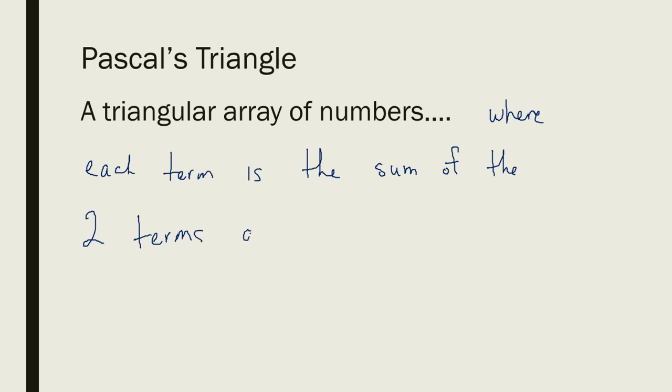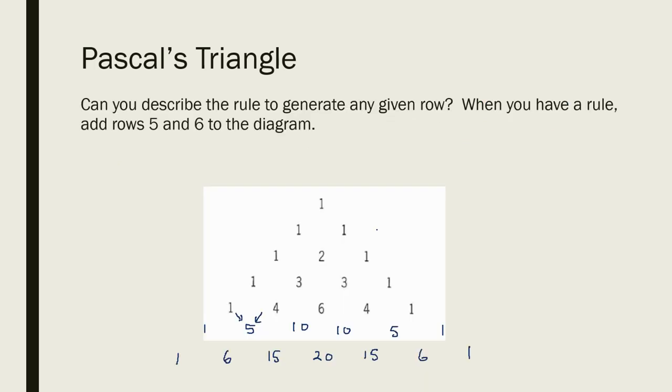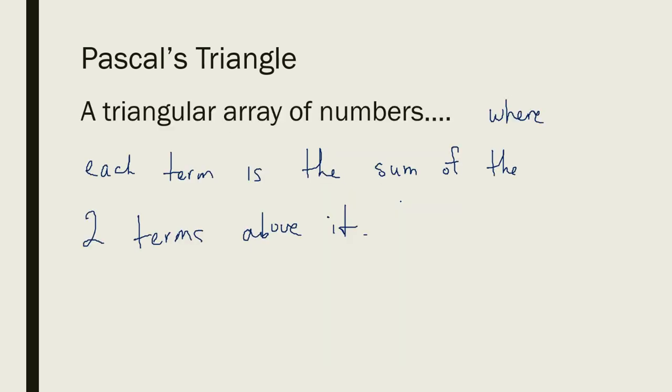In the case of the 1s on the outside, there's only one number above it. There's just the 1 above and to the right, or on the other side, there's only the 1 above and to the left. So we just carry down the 1s because there's not 2 numbers to add. That's how we make Pascal's triangle. Each term is the sum of the 2 terms above it.